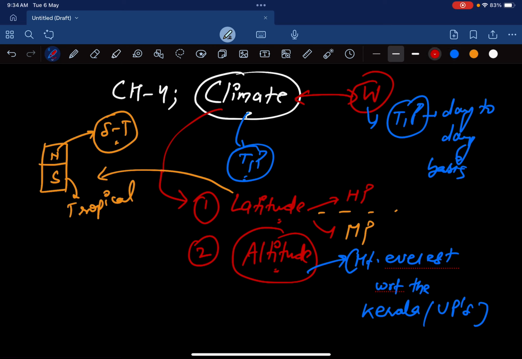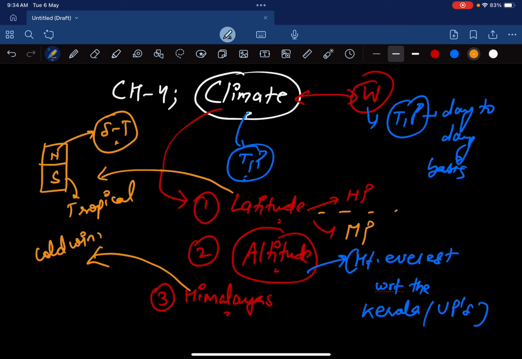The third is the Himalayas. The Himalayas block the cold winds coming from Central Asia. At the same time, they retain the monsoon. They don't let the monsoon just wander off. If there were no Himalayas, it would simply cross India.